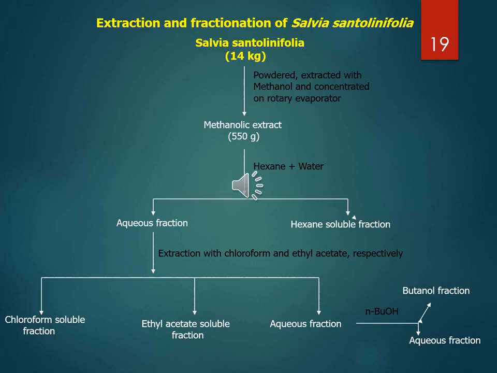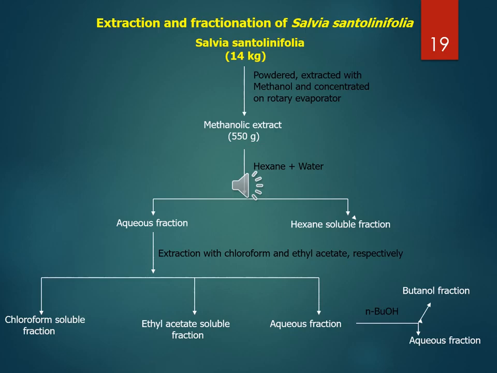The aqueous fraction at the end is further extracted with butanol, and we obtain two fractions, that is the butanol fraction and the aqueous fraction. In this way we obtain a total of 5 fractions on the basis of the organic solvent system, in the increasing order of polarity of the organic solvents. Those fractions are hexane soluble fraction, chloroform soluble fraction, ethyl acetate soluble fraction, butanol fraction, and aqueous fraction.